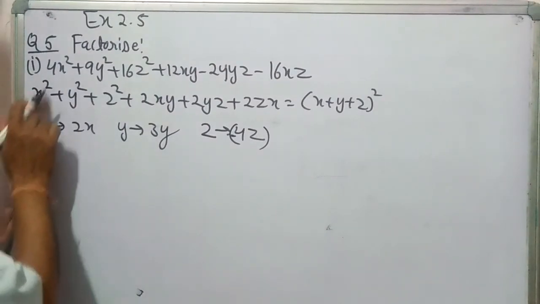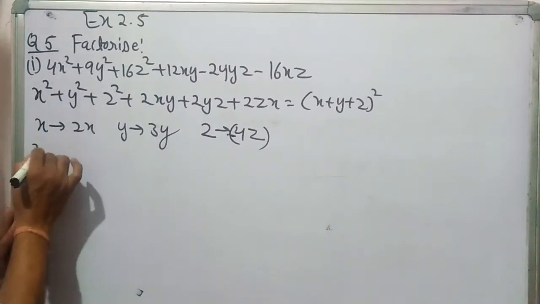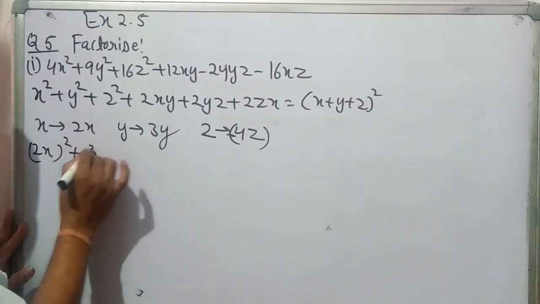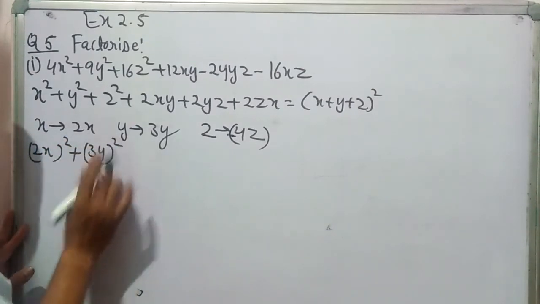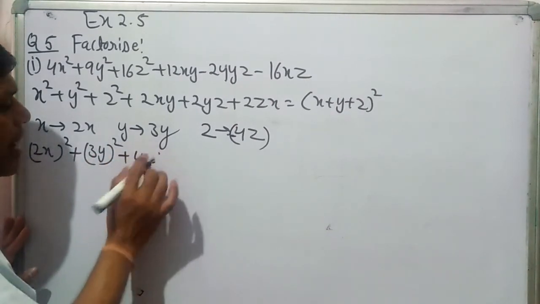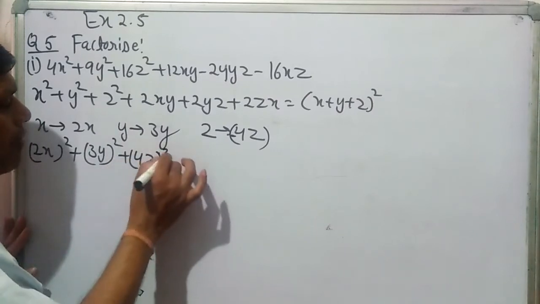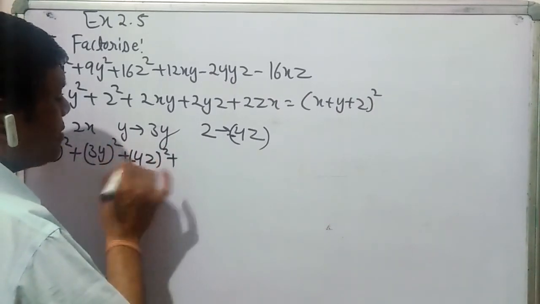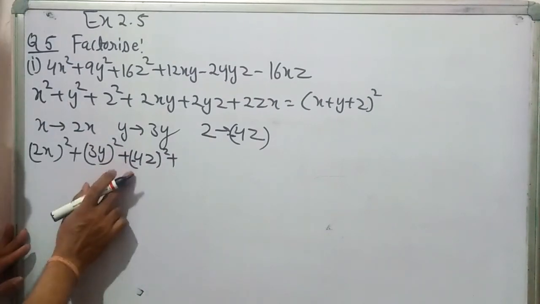So let us put it in this form. We have twice x whole square, we have thrice y whole square, we have 4z whole square, but 4z was taken to be negative, put negative sign.